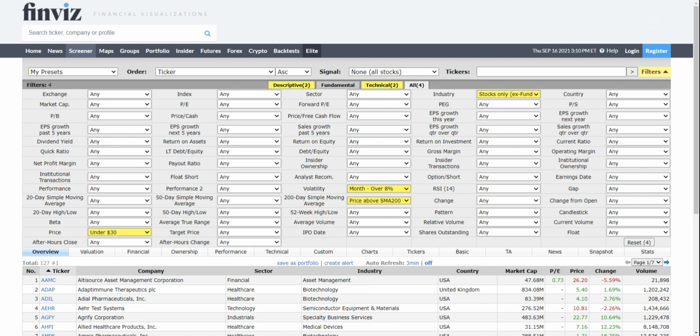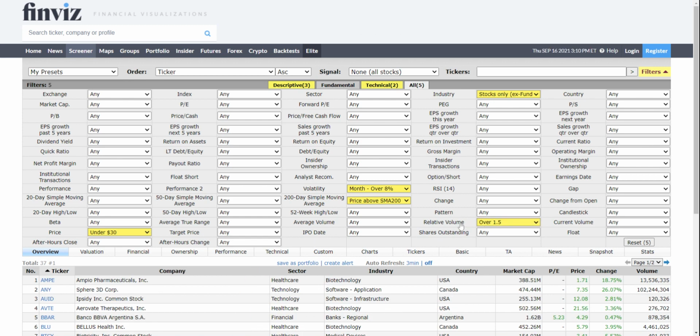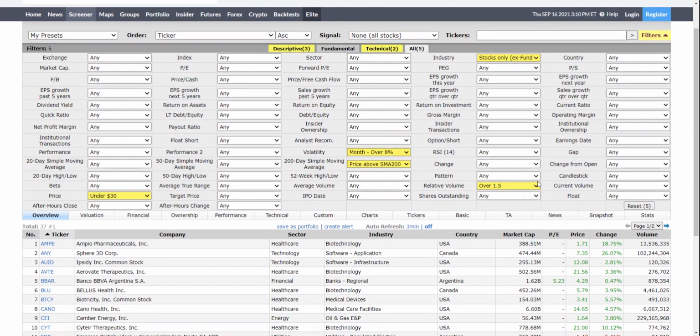Then what I like to do is go on the relative volume, or the RVOL. This is where it gets interesting. What does the relative volume mean? It's a ratio between the current volume and the 3-month average volume, intraday adjusted. If it is over 1, the stock is active and liquid. If it's below 1, the volume that day is not that great.